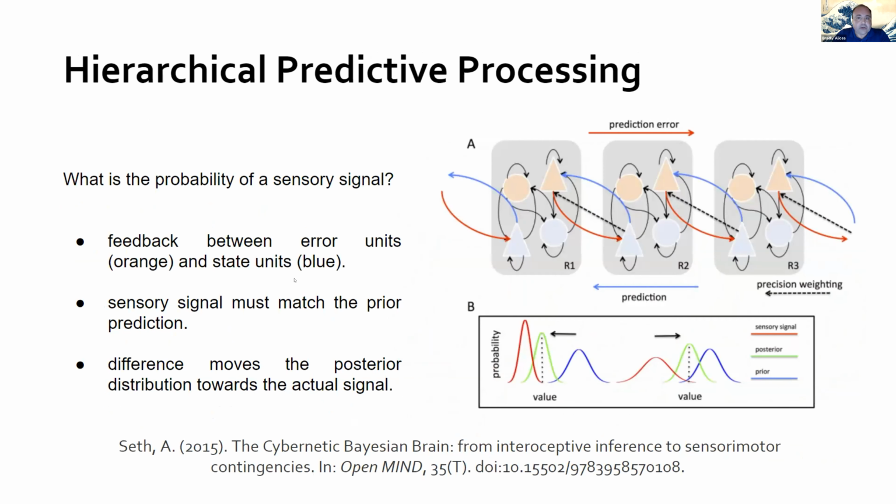We also have hierarchical predictive processing, and this is where you're actually trying to predict the probability of a sensory signal. So you have this feedback between error units in orange and state units in blue, and you're trying to update your state by minimizing your error. Now, this isn't necessarily what Metabrain models do, but you're using these different sources of information in a complementary way.